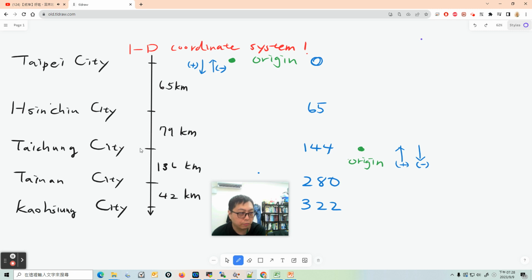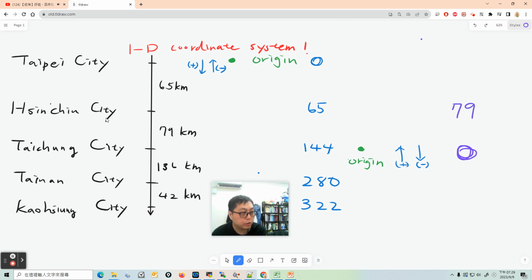The origin will be located at Taichung City, so the position of Taichung City on the new coordinate is 0, right? And what's the position of Hsinchu City on the new coordinate? Hsinchu City is 79 kilometers from Taichung City, and it is in the positive direction, so it becomes 79.